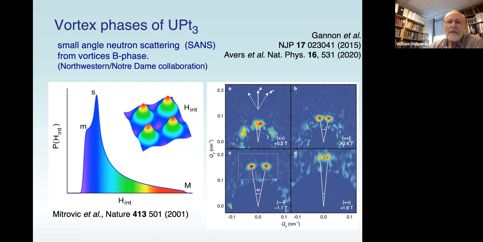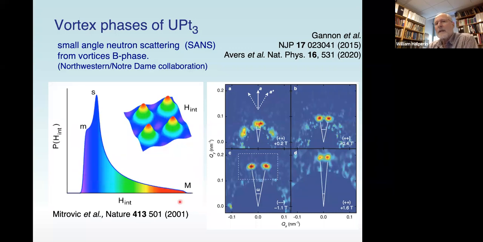And in the sketch here of the lattice of vortices, the red portions are the highest field portions, and the blue here are the lowest local magnetic field from the circulating currents in the vicinity of the vortex. And that field distribution is plotted here. This is from Vesna Mitrovic's paper in Nature.